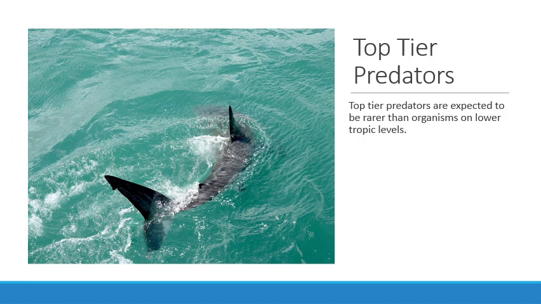An example of a rare species might be a top-tier predator. In the oceans, the great white shark is the top-tier predator. You've probably seen video of a great white shark, right? Yeah, they're massive and terrifying. When you think about a great white shark, I want you to really understand its size, because it's hard to conceptualize it when you're looking at it on TV. So let's see, these are 1, 2, 3, 4.